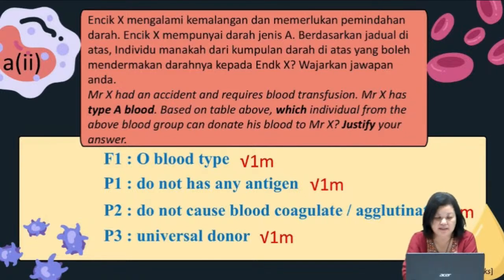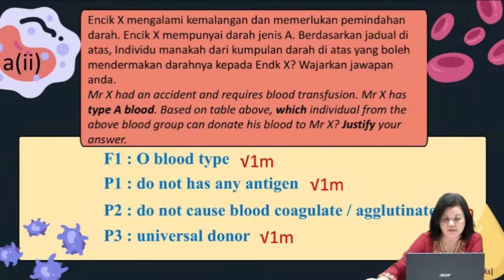And the last one is that O blood type is the universal donor. In this question, you must write F1, which is 1 mark, and then point number 1 to number 3, either one.